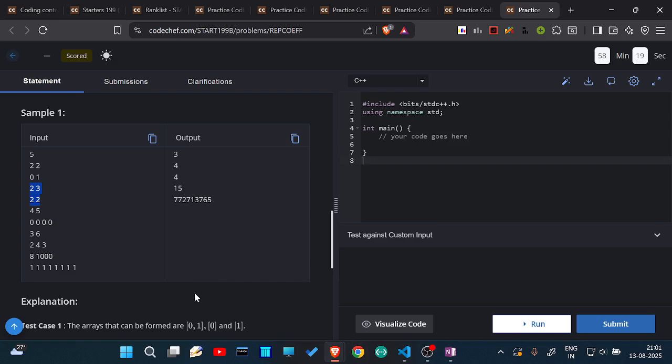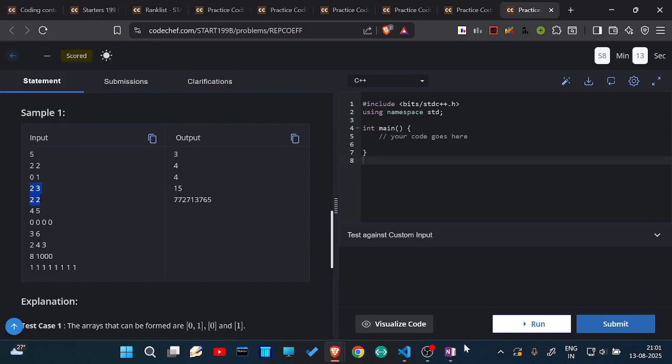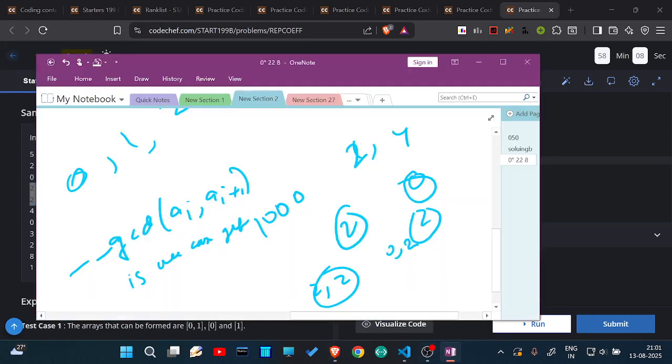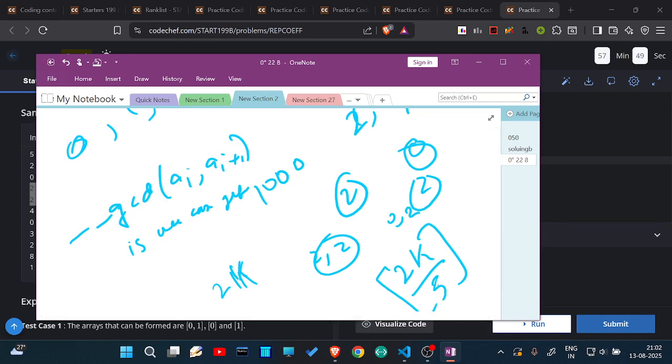Why can't I get one? I can even get one also. So I see. So 2 is the simplest thing you can get, and 2 into k upon 3. So what are the modules that you can get? So what is the basic modulo that you can get? And you keep on multiplying, multiplying, multiplying.